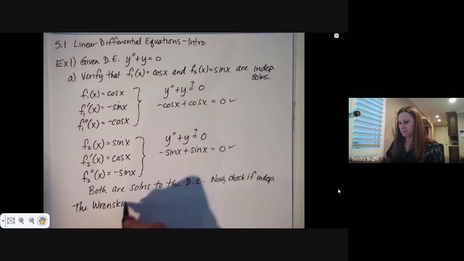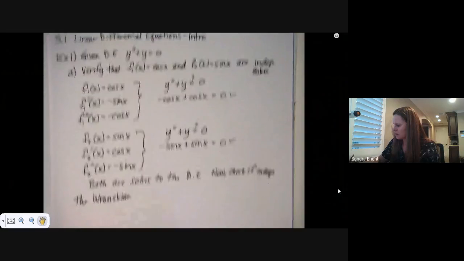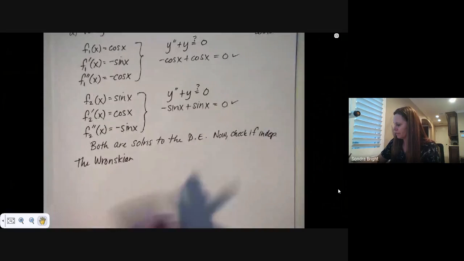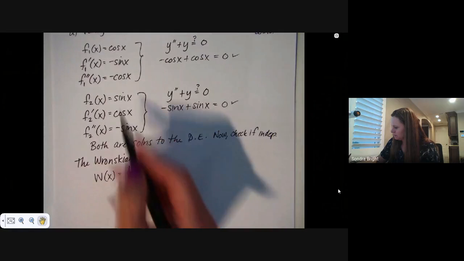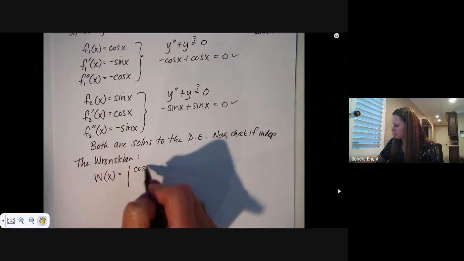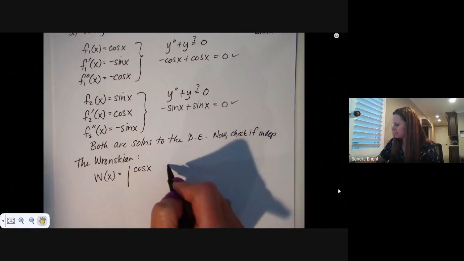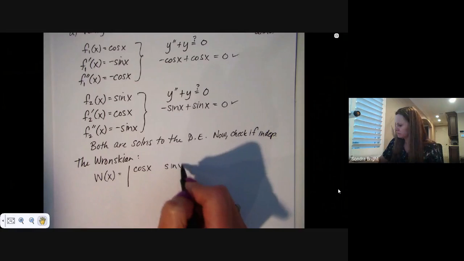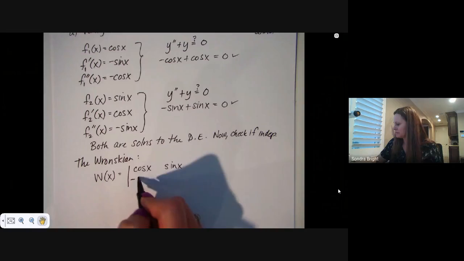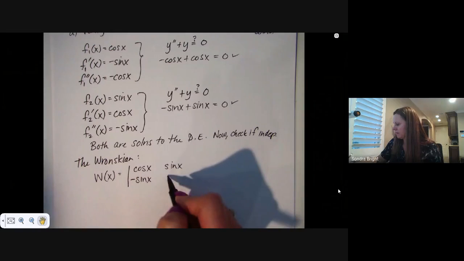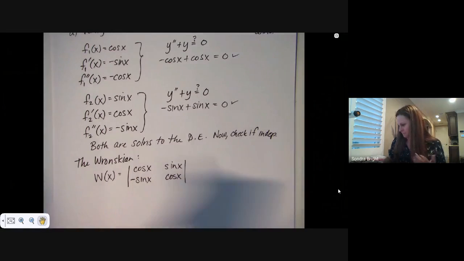So what's the Wronskian? It's the determinant where you list each of the functions in the columns, cosine of x and sine of x, and then you take their derivatives. Derivative of cosine is negative sine, derivative of sine is cosine, and we find the determinant of this.